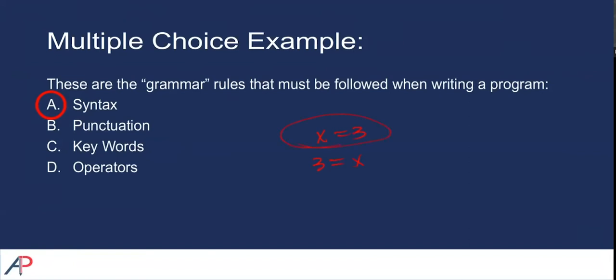But x is equal to 3 would be the correct way to write it. This is what we call our syntax rule. That has to be followed when we're writing a programming language. Otherwise, whatever our compiler or interpreter is will not understand what we wrote.